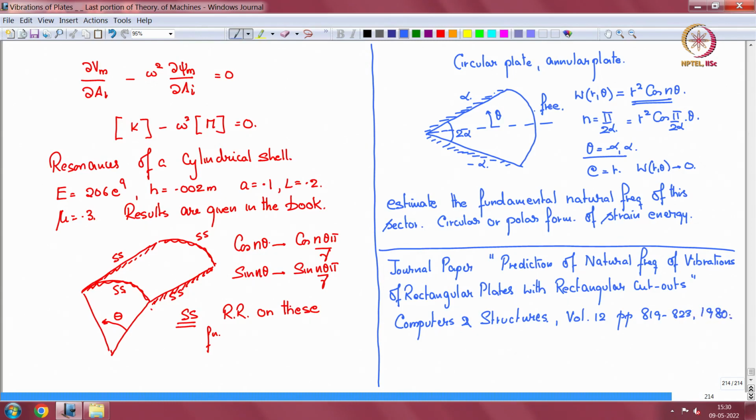The authors are R. Ali and S. J. Atwal. Okay. This is an interesting paper.